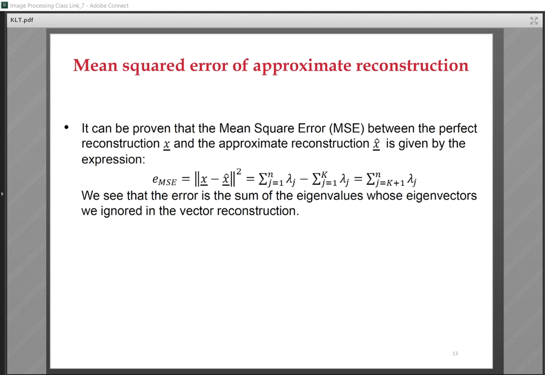minus sigma of the selected lambdas. This is all of the lambdas, and this is the selected lambdas. These are good lambdas, not eliminated lambdas. For example, these are lambda from 1 to 10, and these are from 1 to 3.